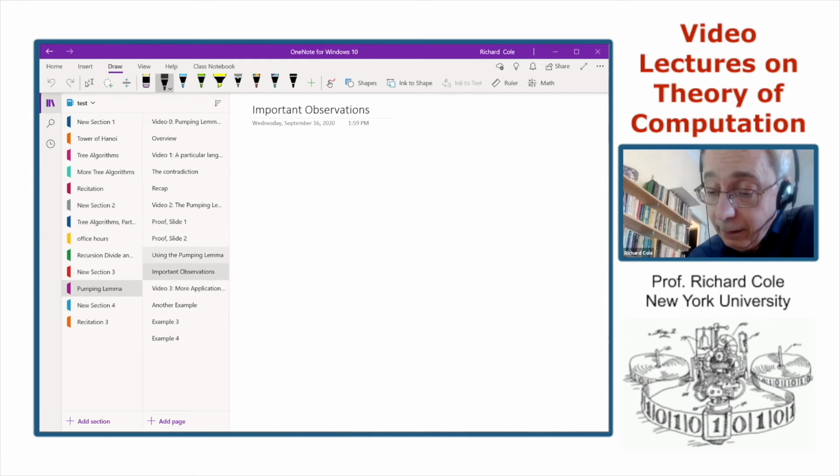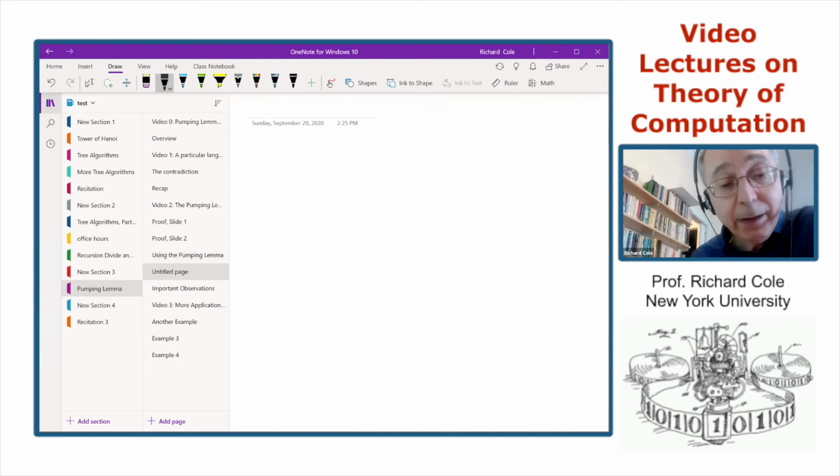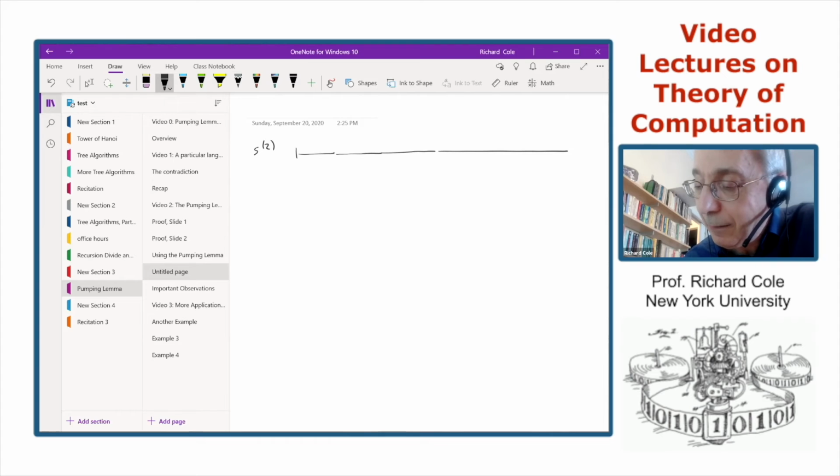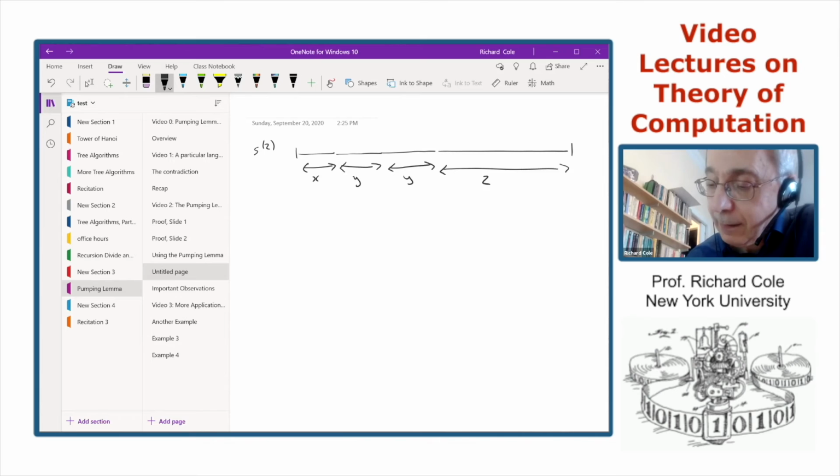Actually, I want a new page for that. So in doing the proof, I could instead look at the string S2, which is obtained, so this is X followed by Y again, followed by Z. So X, Y, Y, Z. And what is this?